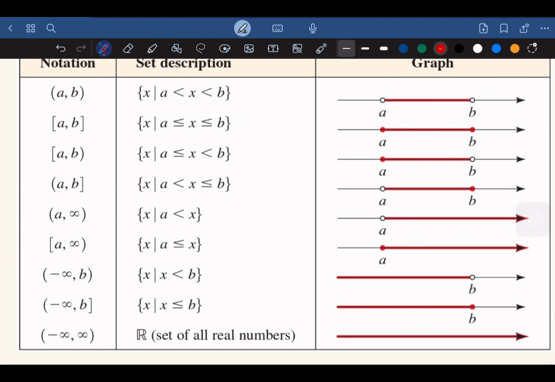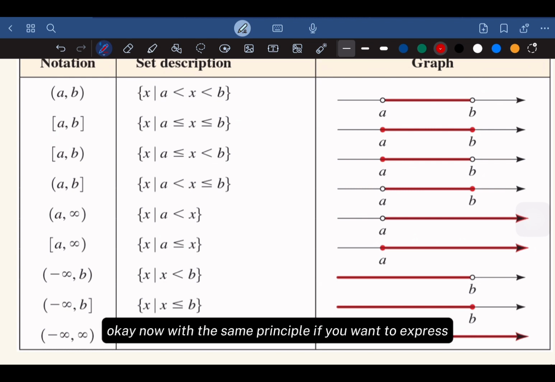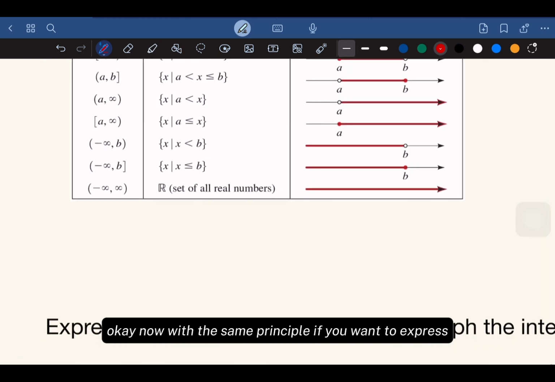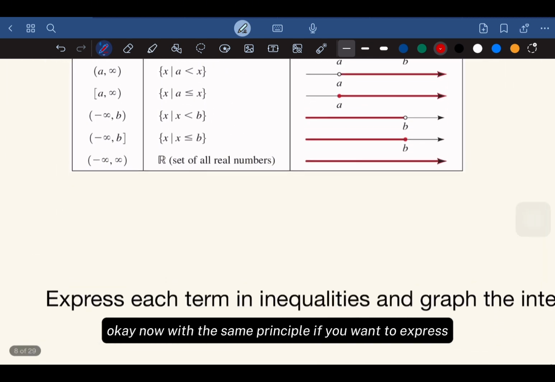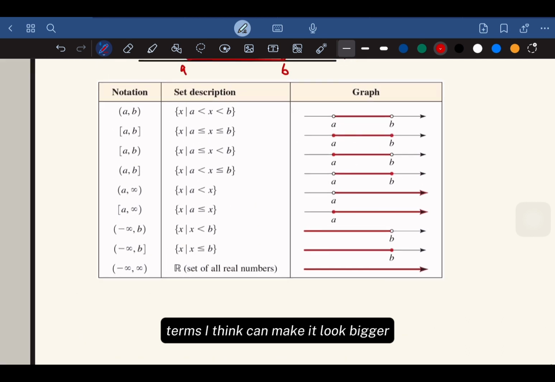Okay, now with the same principle, if you want to express terms, I think we can make it a little bit bigger.